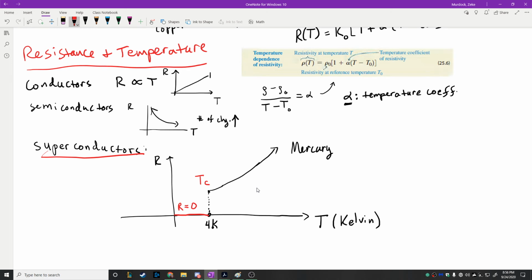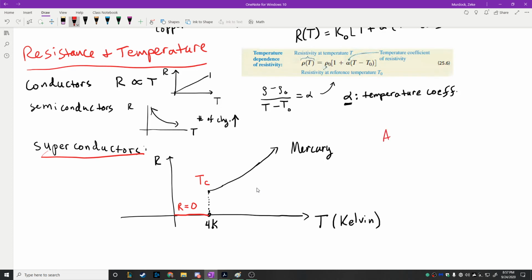Mercury is not a reasonable material to use as a commercial superconductor, but we're finding more and more objects that we can get to a superconducting state at a higher temperature. If you could find a material with a superconducting state at like 150 Kelvin, close to room temperature, that'd be really powerful.